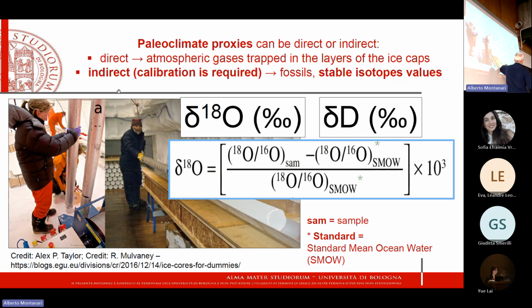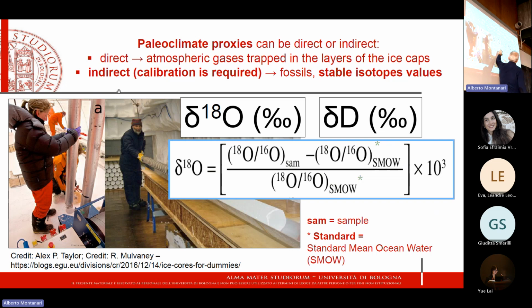Let's refer first of all to the value of this ratio in the standard mean ocean water. So basically what I do, I take a sample of water from the ocean and I measure the ratio of the number of atoms of oxygen 18 and the number of oxygen 16. Okay, and of course, I get a ratio. Perfect.